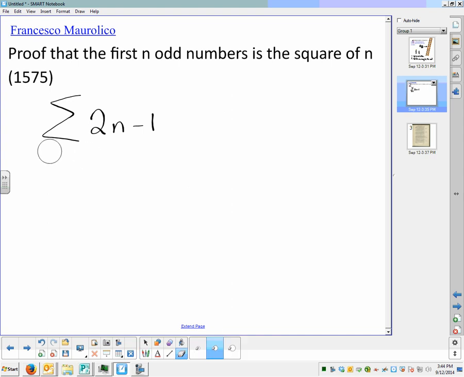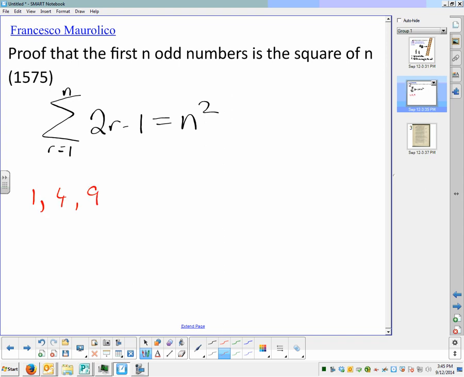Probably shouldn't be using n because I'm going to use n on the other side. Let's call it r. That's what we've been using. I'm going to add them up to whatever number I like, up to n. And I'm saying that will give me a square number. This is a fact that we already know. It's a fact that we've known for a long time.